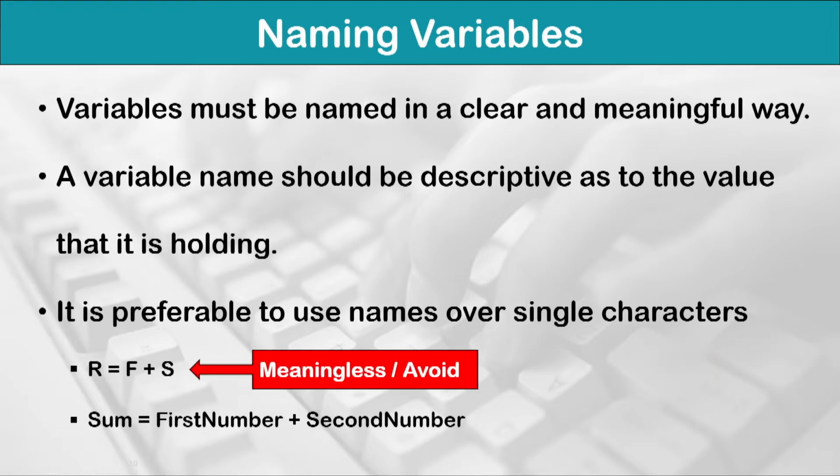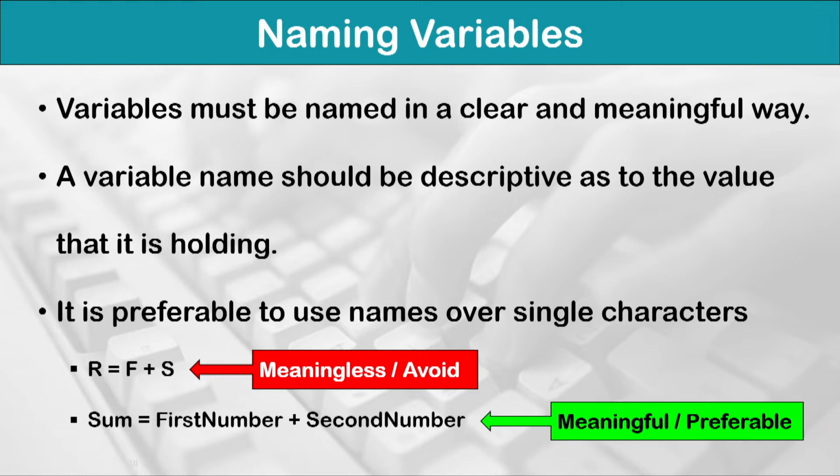R is equal to F plus S is meaningless, so better avoid it. Sum is equal to first number plus second number is meaningful. Why? Because the variables' names are clearly indicating which data they are storing.